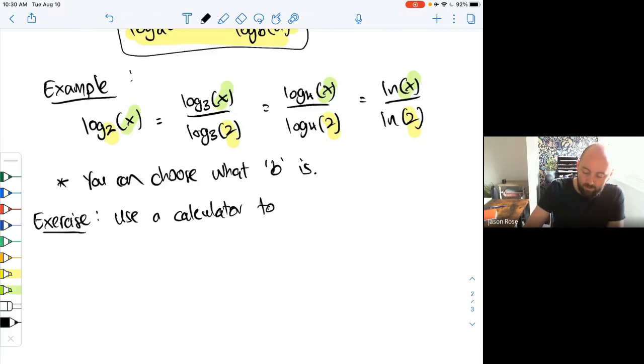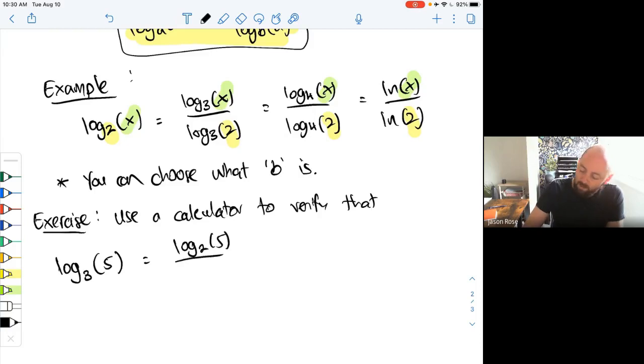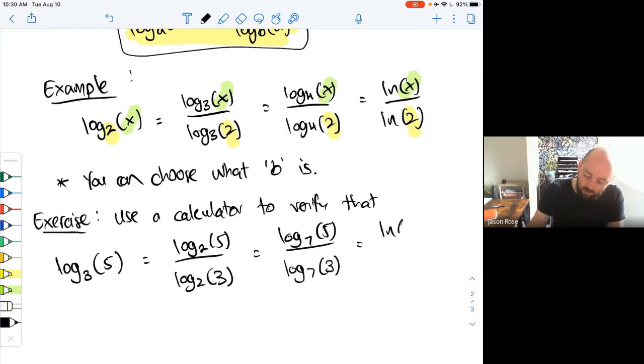Use a calculator to verify that, for example, log to the base 3 of 5 is equal to log to the base 2 of 5 over log to the base 2 of 3. It's equal to log to the base 7 of 5 divided by log to the base 7 of 3. It's equal to the natural log of 5 over the natural log of 3.